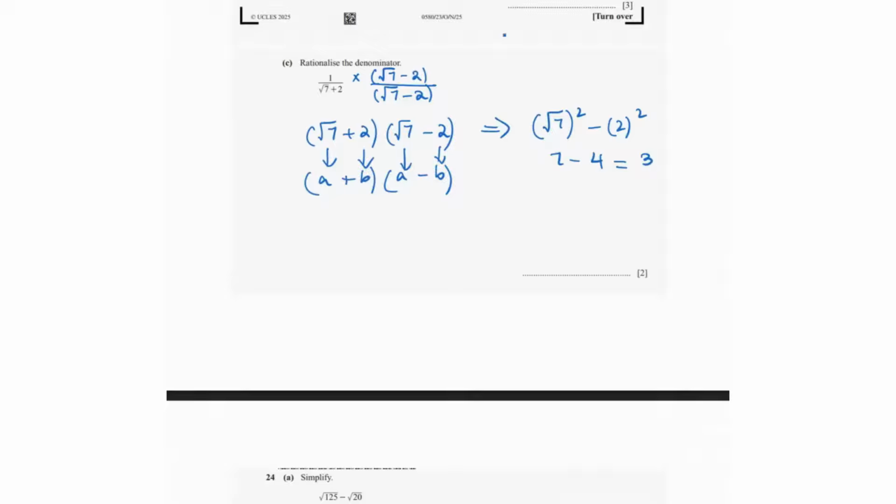Whenever you see the two brackets, one is positive and one is negative in the middle, first thing that needs to come to your mind is difference of perfect squares. And you immediately rewrite it as the square of the value of A and B being subtracted, then simplify it, and for the numerator, you're multiplying. You multiply the whole number with the other whole number, and simplify to get the answer. Easy 2 marks.